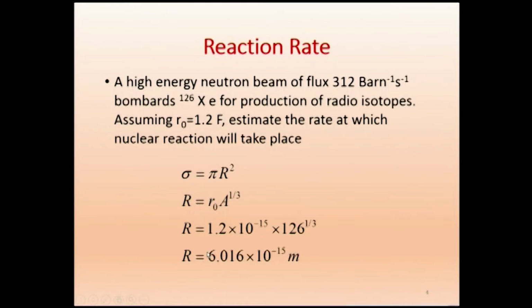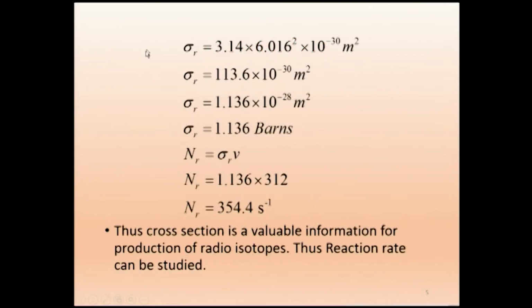Substituting 1.2 into 10 power minus 15 into 126 power 1 by 3, we get a radius of 6.016 into 10 power minus 15 meter. Now for the cross section, sigma r, where r refers to reaction cross section (sigma s would be the scattering cross section), since we need to calculate the reaction rate.